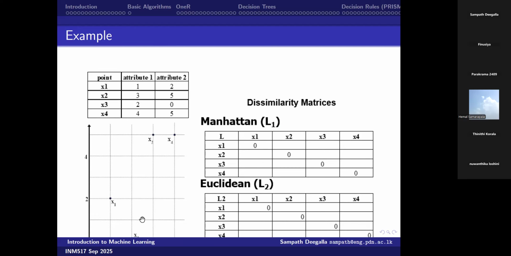Then let's calculate the distance among these. These are called dissimilarity metrics, which will be helpful when we want to figure out how close these points are to a given data point. So shall we start?